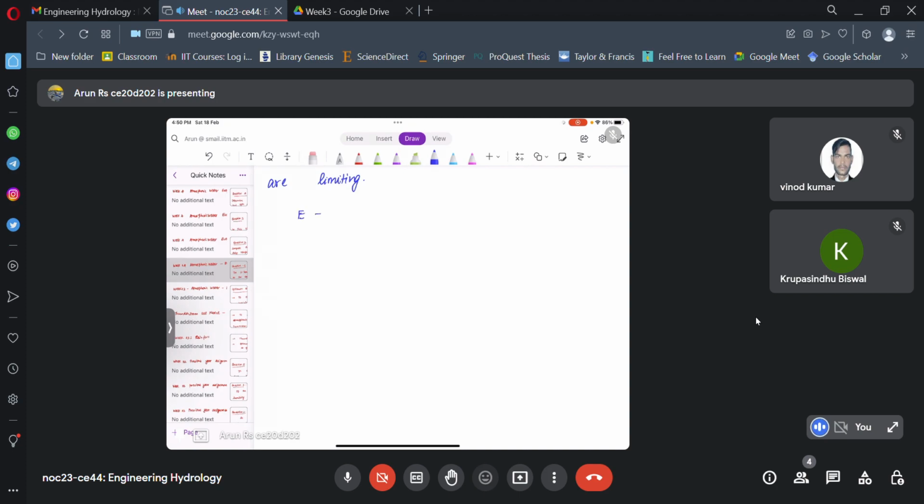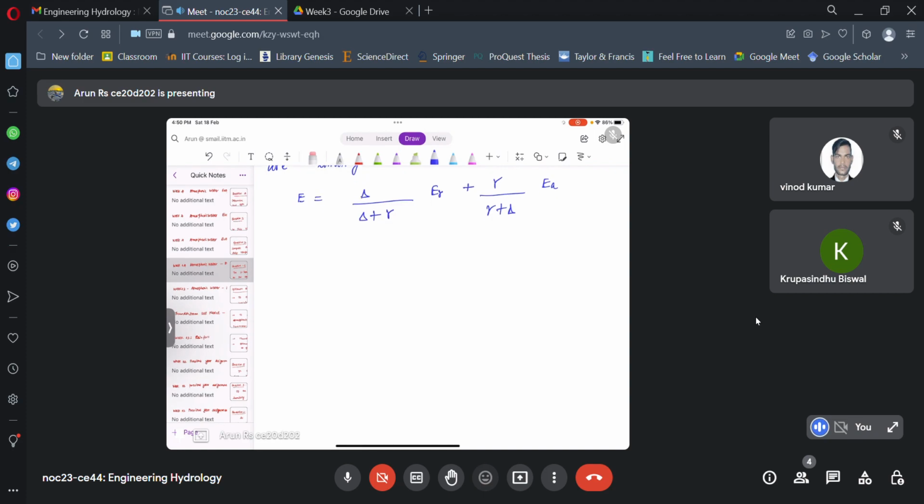So the expression for the combined method is E is equal to delta by delta plus gamma. This is the weighting factor multiplied by the evaporation rate from the energy balance method, plus gamma by gamma plus delta into your evaporation rate from your aerodynamic method.